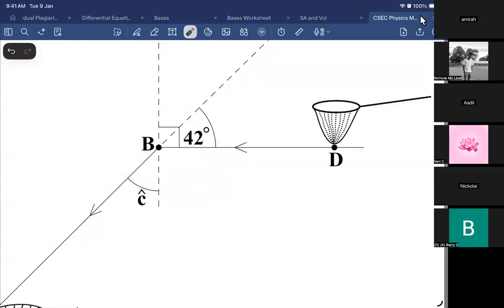So Amira, what do you think this angle is? 180 minus 42. Nah, you're overthinking it. This angle over here, what are you looking at? Anybody else could see it? 90 degrees, sir.